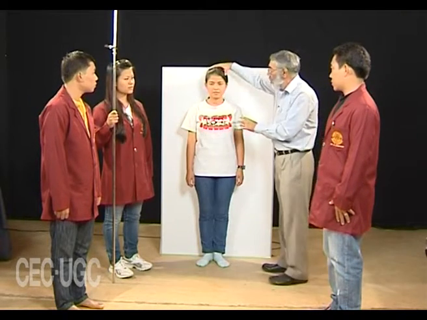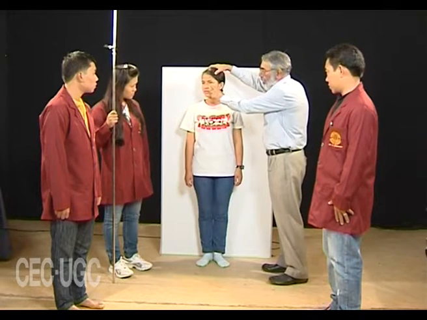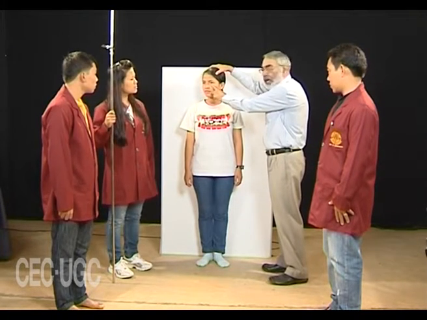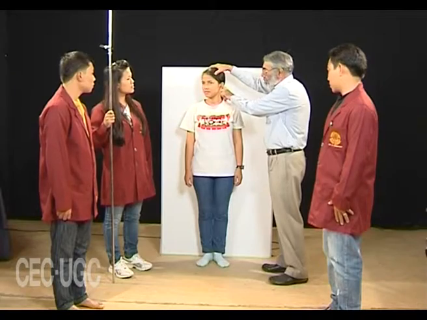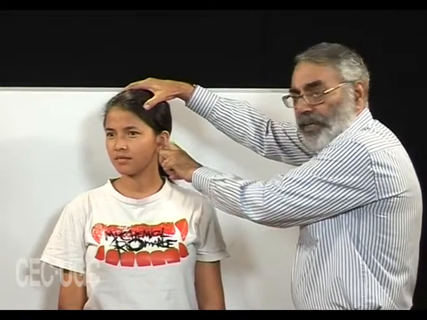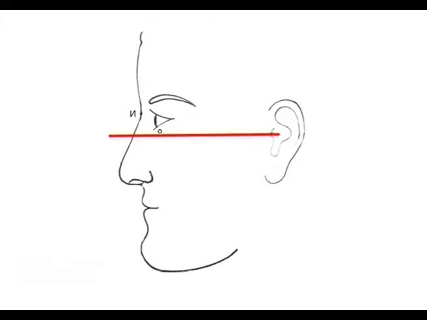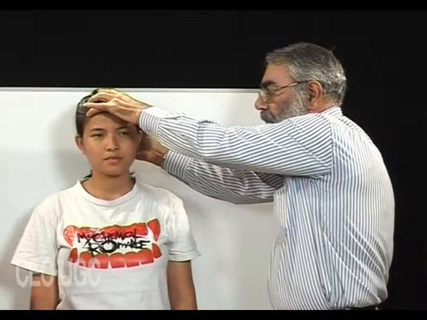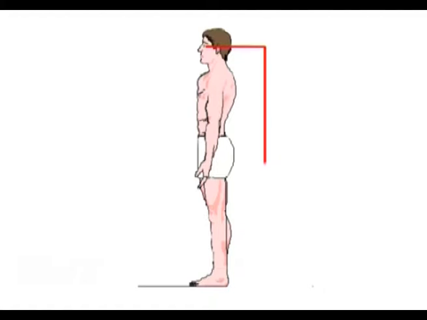The eye-ear plane is that plane in which the point orbitale at the base of the eye and the point tragion at the tragus cartilage of the ear are in the same horizontal plane. So we adjust the head of the subject in such a way that these two landmarks, when joined with an arbitrary line, are parallel to the ground.